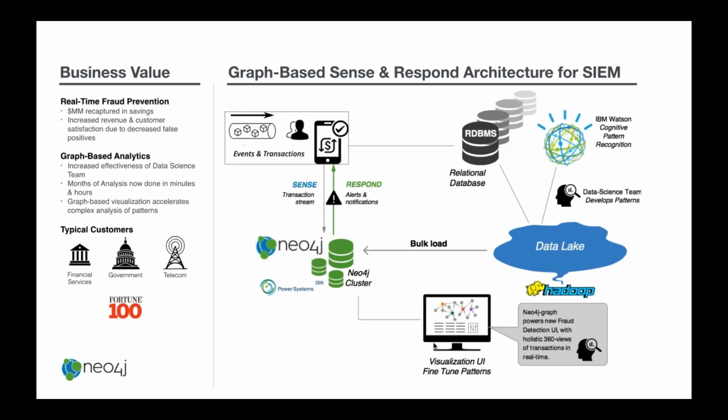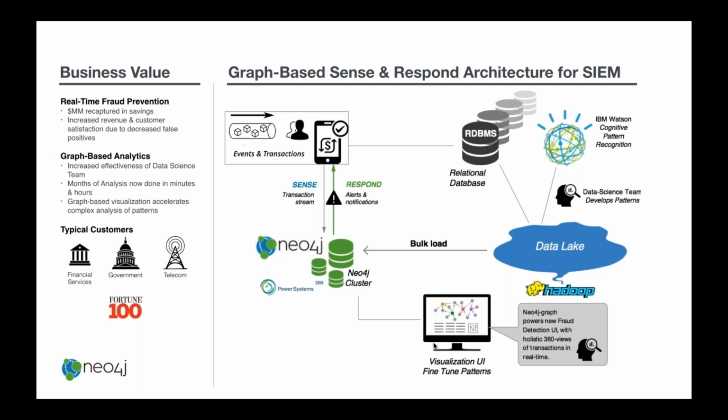And then if you go to the next slide, I have taken this and also integrated it with IBM Watson from a cognitive pattern recognition perspective. So data science teams can also leverage automation and cognitive pattern recognition that IBM offers in this area.